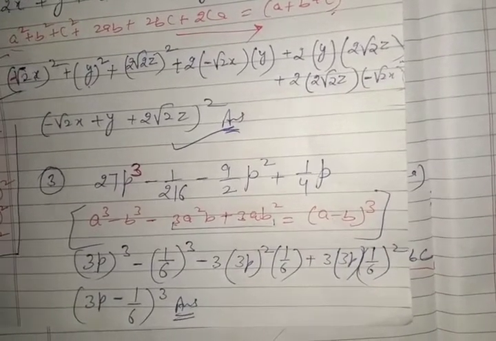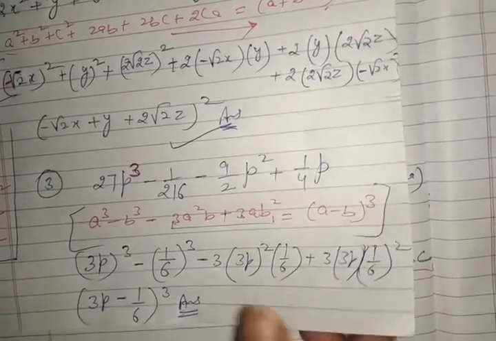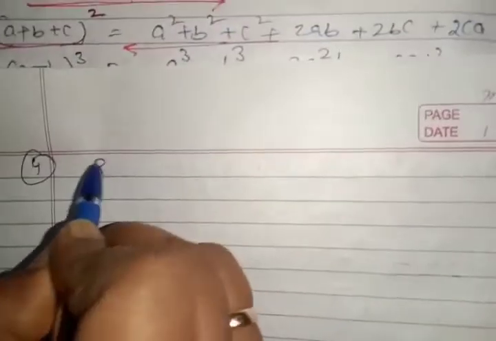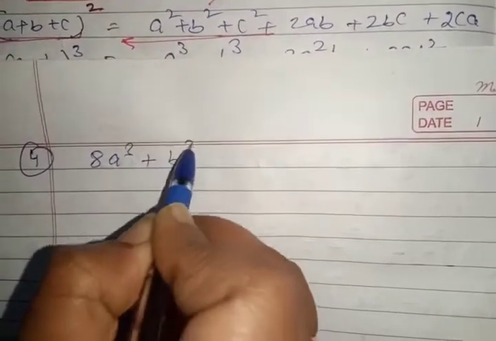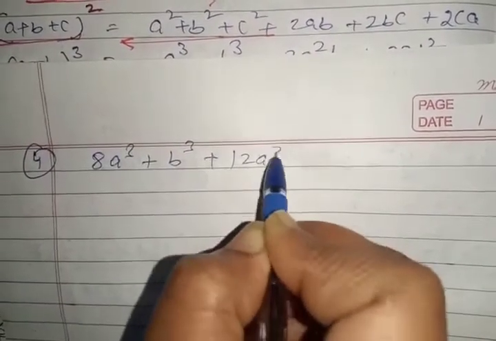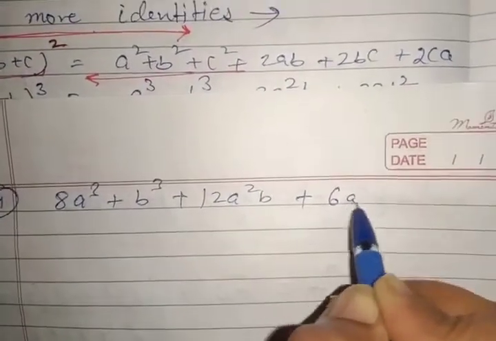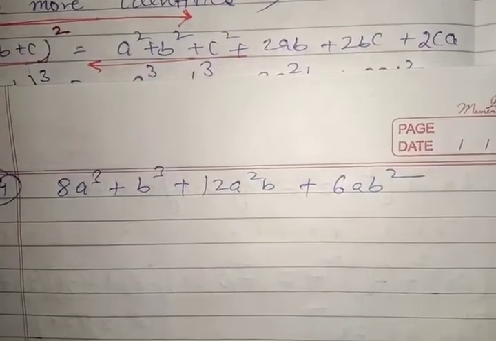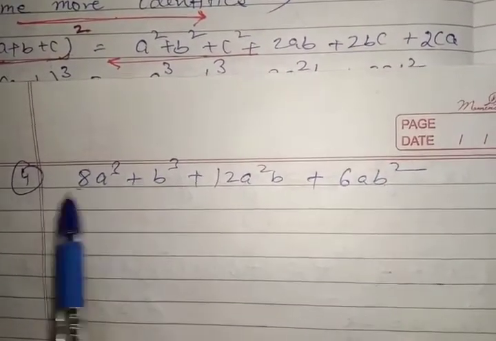So this is another cubic polynomial. Now the next cubic polynomial that I will take is 8a cube plus b cube plus 12a square b plus 6ab square. Again, how many terms? 4 terms with all plus signs.